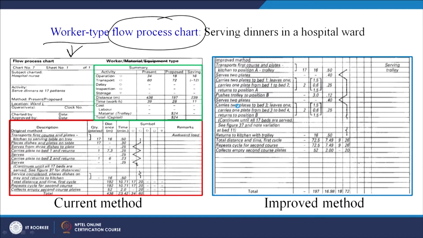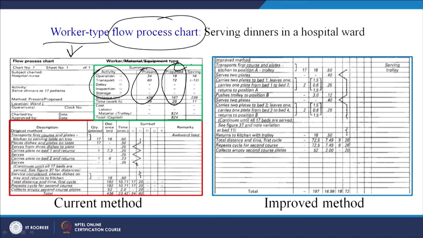Now, this is the flow process chart on your screen. This is the activity, the operation, and this is the frequency: how many operations and how many transportations there are in the current method. Then this is the improved method, and the proposed method savings are also shown.